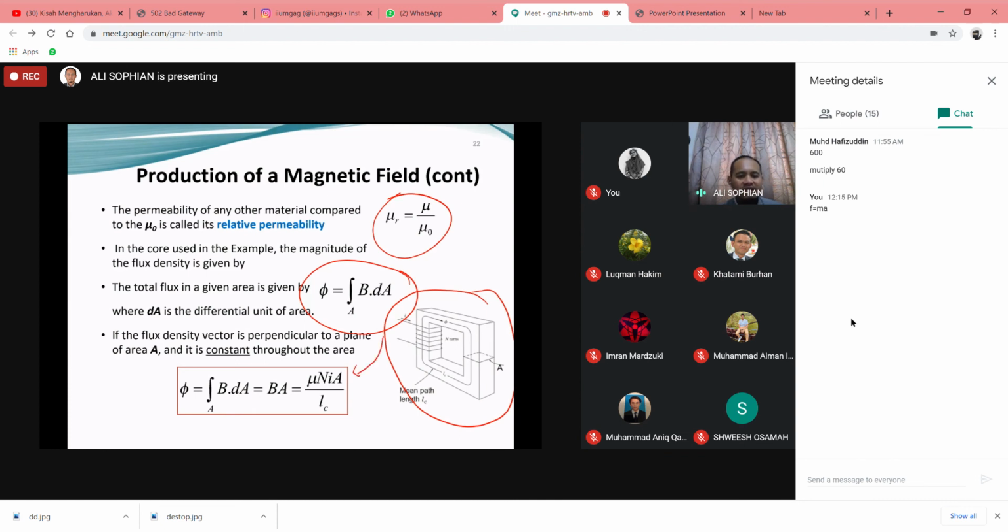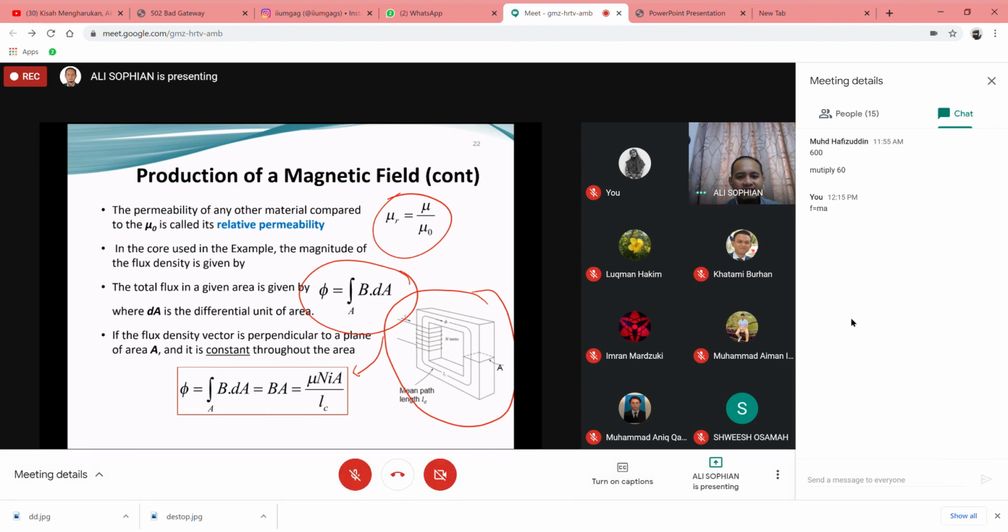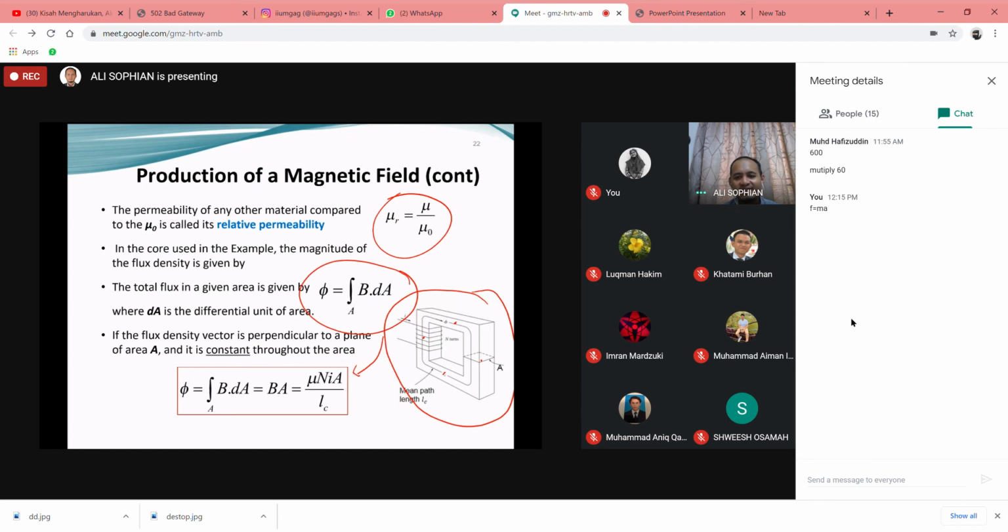Because the B is assumed to be constant throughout the area. If you look at the ferrite core diagram, the B here, there on the top, on the right, at the bottom, they are all the same. Again, assuming that there is no flux escaping into the air, so the B is all the same.